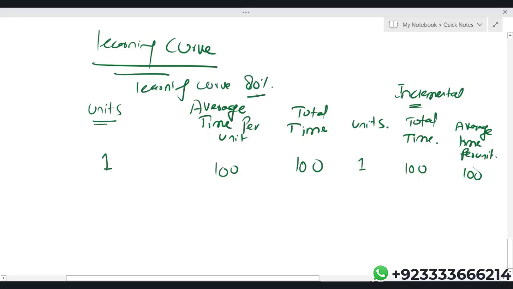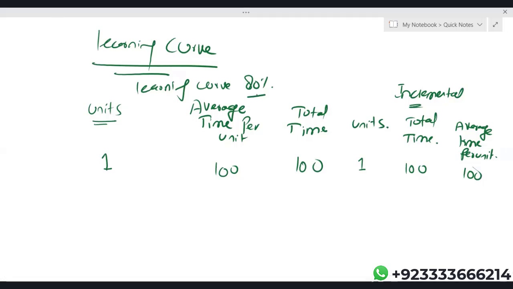Later on, we will also learn how to calculate the learning rate. But let me tell you the main concept: when an individual is going to do twice of their previous work, then the learning curve will apply.